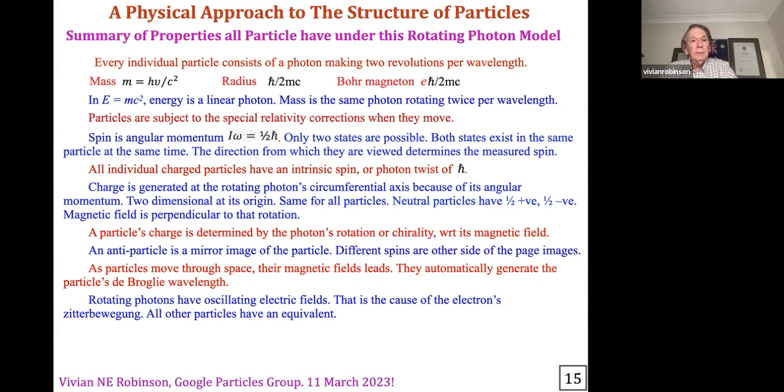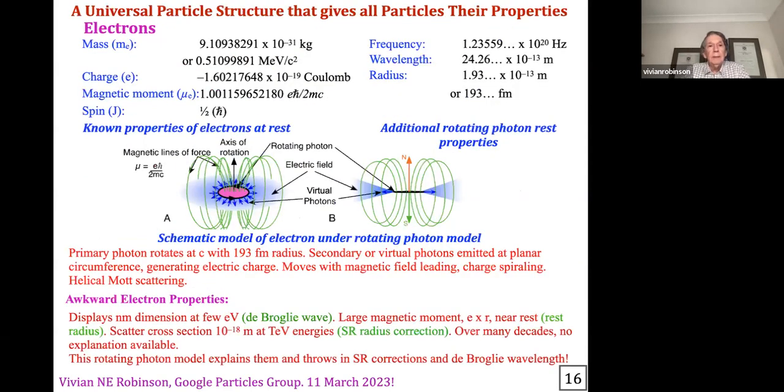Now I'd like to briefly go through some of the particles. These are the standard well-known properties for an electron, but it has additional properties. The frequency of the oscillation is about 1 times 10 to the 20. It gives it a radius of 193 fm.